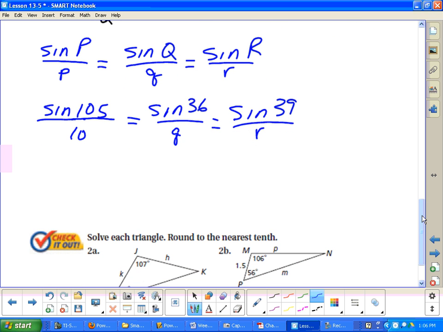So then what we'll do is, since we have one ratio that we know, sine of 105 over 10, we know that.